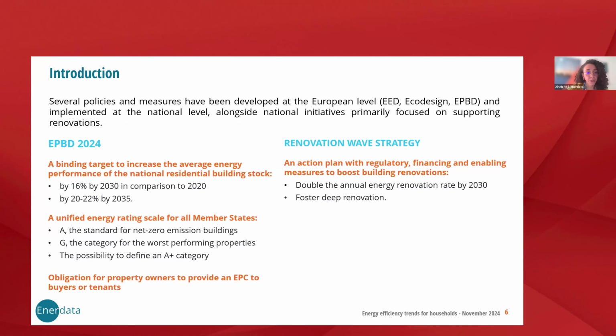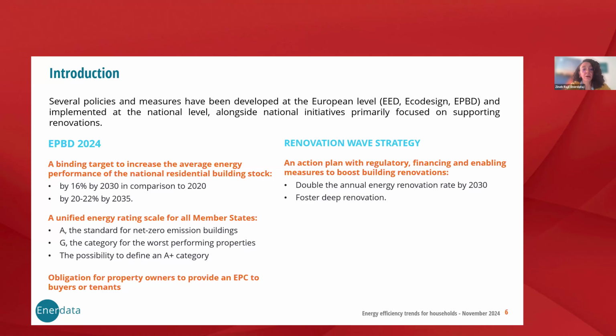So a quick reminder about the policies that are in place for the household sector at EU level and at EU member state level. A few of them have been implemented and also translated at EU member state level. And these policies are primarily focused on supporting renovations. Two main policies to look at are, first, the Energy Performance of Buildings Directive, in its 2024 version.